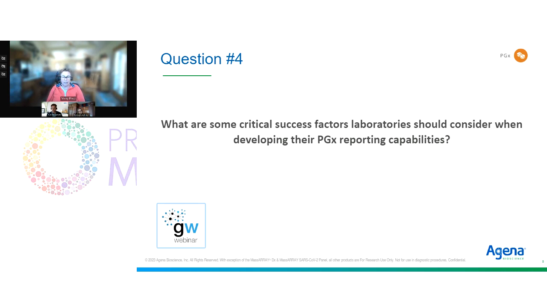At my institution, we instituted clinical decision support. So even though that report was static and the genotype was static, the information was not static. So the clinical decision support was updated and evolved and continues to evolve.